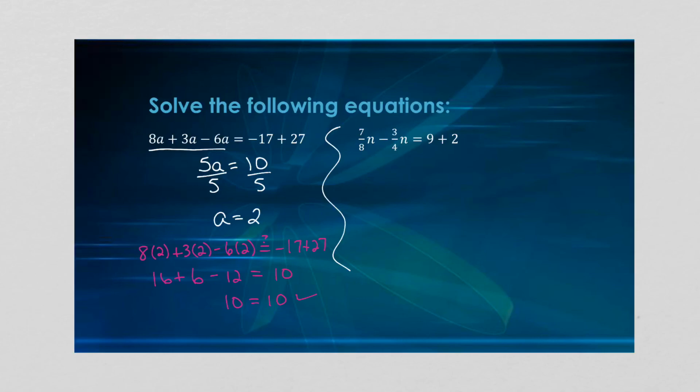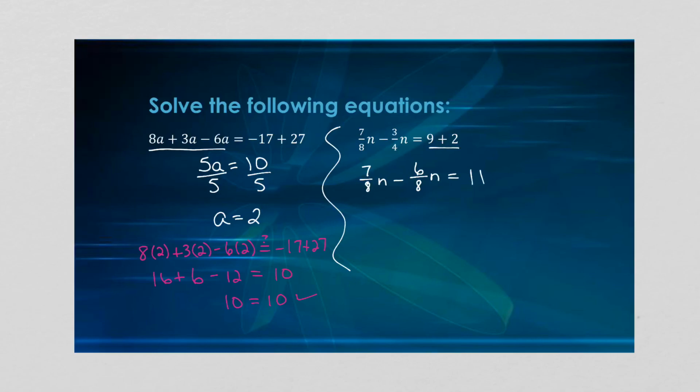Alright, the problem on the right. Again, if you're not good at fractions, then grab your calculator and type in 7/8 minus 3/4, okay? I'm actually pretty good at fractions, so I'm going to change this into a common denominator, and I'm going to go ahead and add those guys.